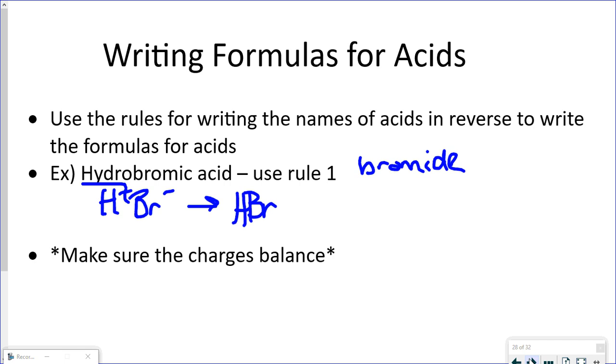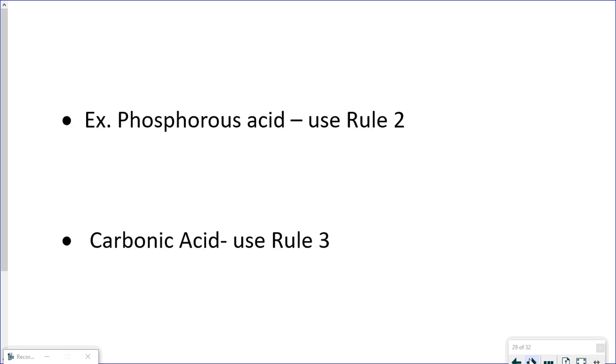Let's look at some more examples. We have phosphorous acid. This does not have a prefix, but it has that OUS acid ending. So this is that second rule where this is phosphite. Now, phosphite is not on your reference sheet, but it is another polyatomic that we can come across.